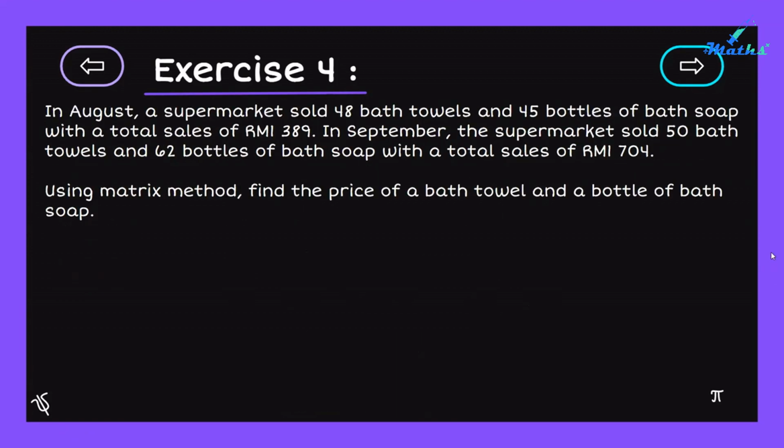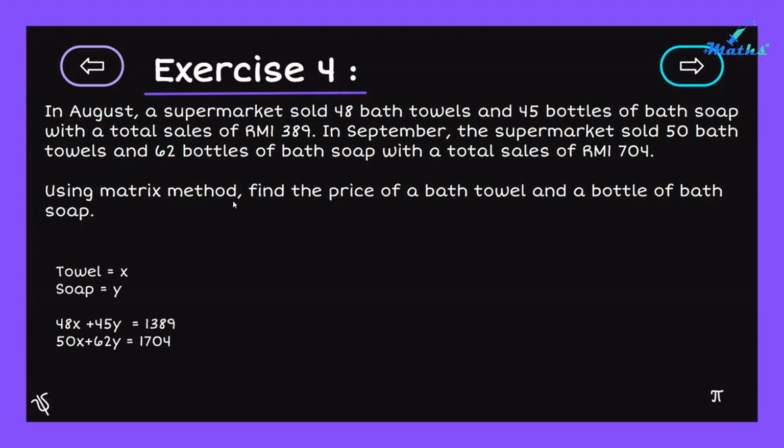And next, exercise 4. In August, a supermarket sold 48 bath towels and 45 bottles of bath soap with a total sales of RM1389. In September, the supermarket sold 50 bath towels and 62 bottles of bath soap with a total sales of RM1704. Using the matrix method, find the price of a bath towel and a bottle of bath soap.